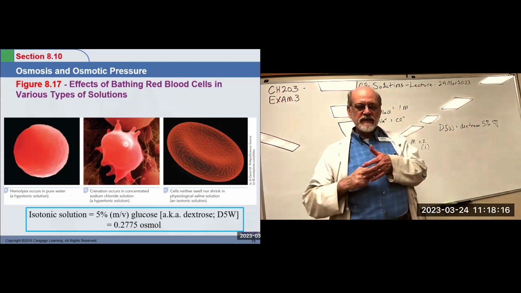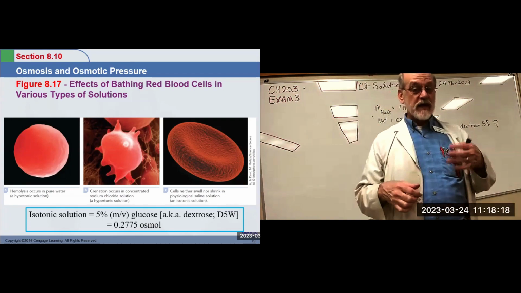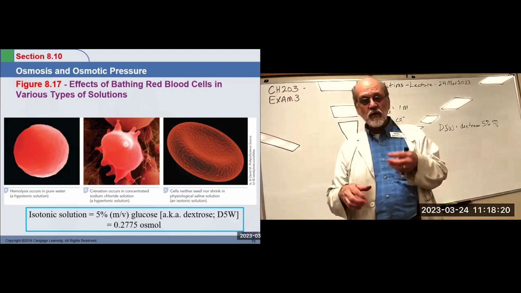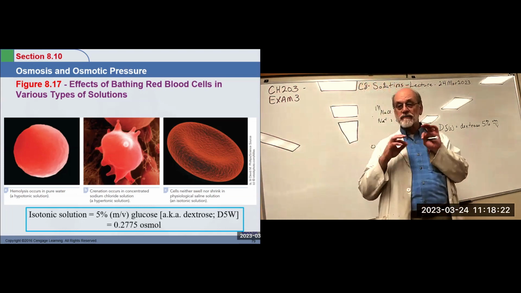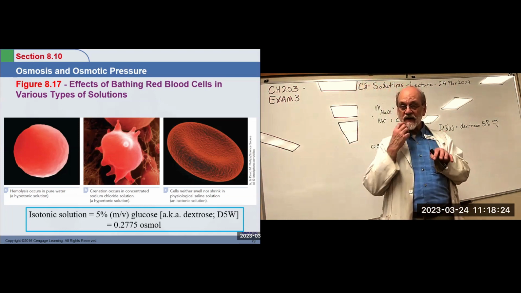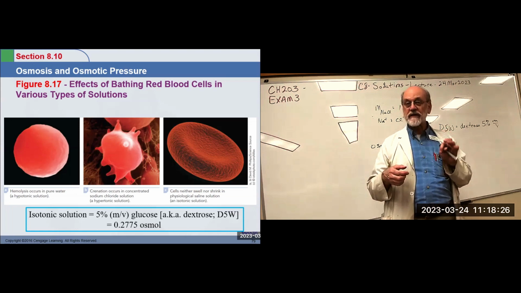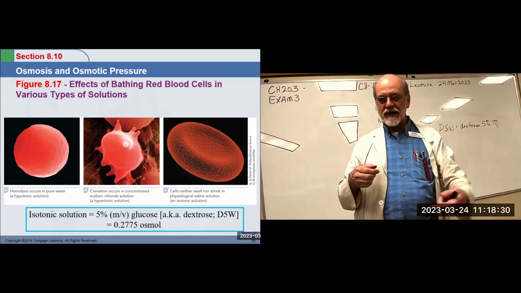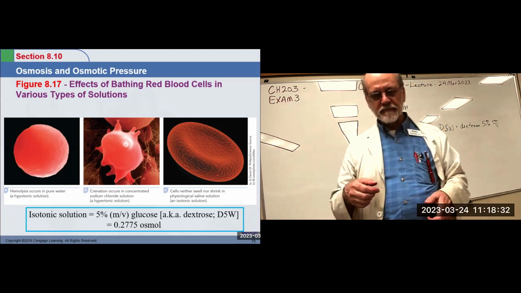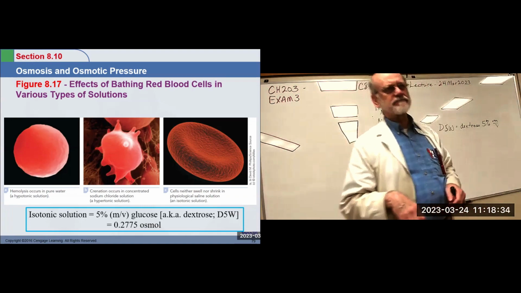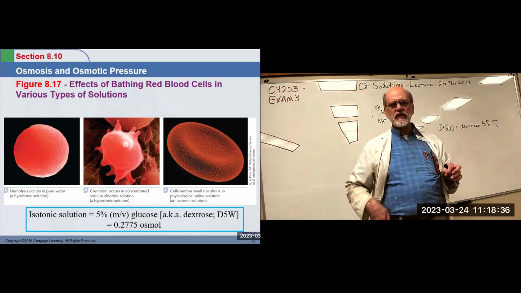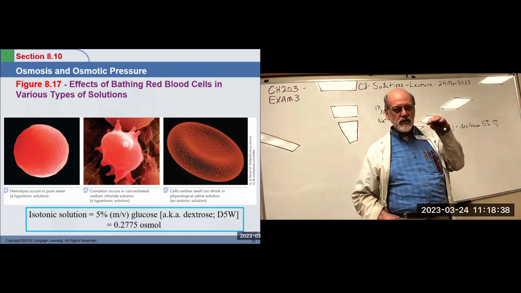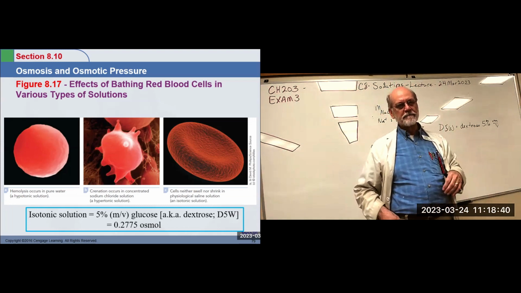That's what D5W means. And if you do the calculations and determine what's the osmolar value for that, it's 0.2775. That, in fact, is isotonic to cells. I think 0.9% sodium chloride is a little high, not too high, just a smidge high.